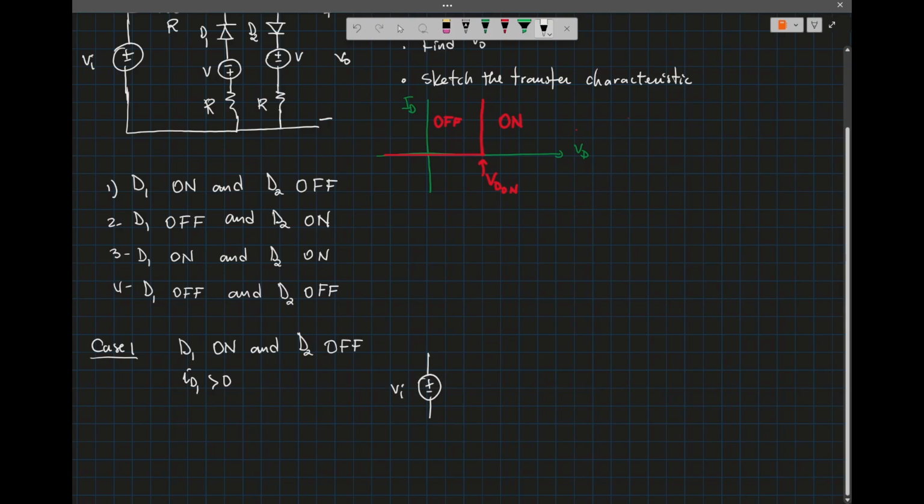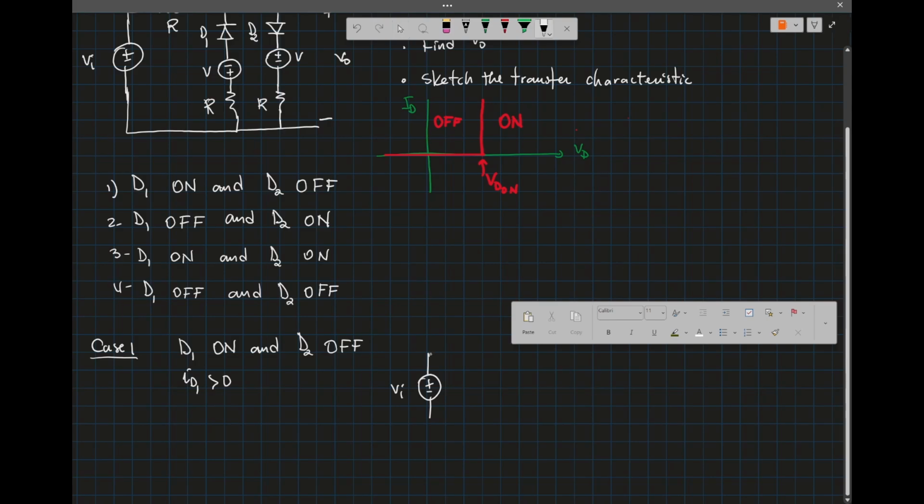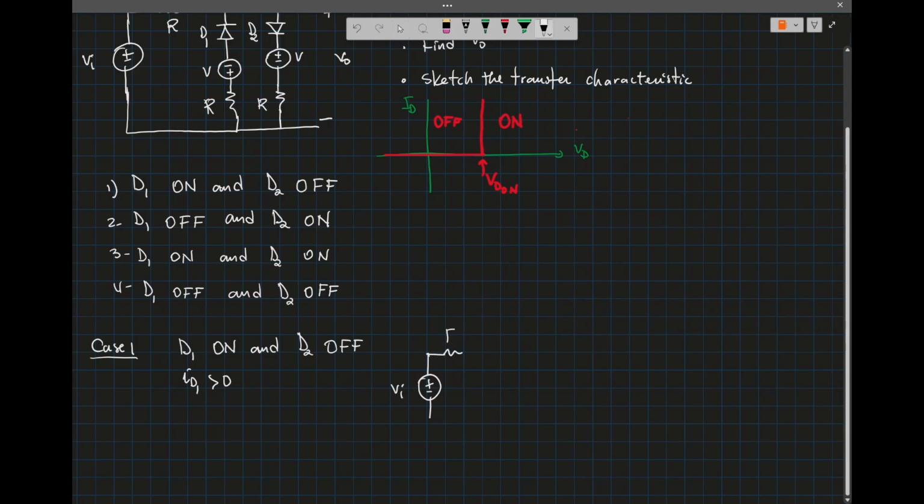So VI is there and I have the resistor there. D1 is on, so that means we have VD on. The assumption is that the diodes are equivalent. Okay, so let me write it here: D1 and D2 are equivalent.